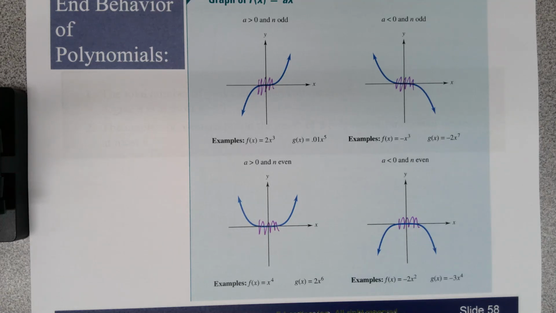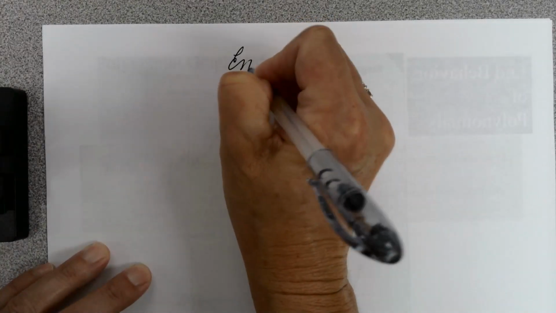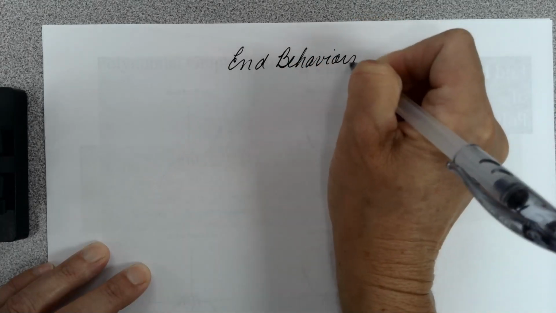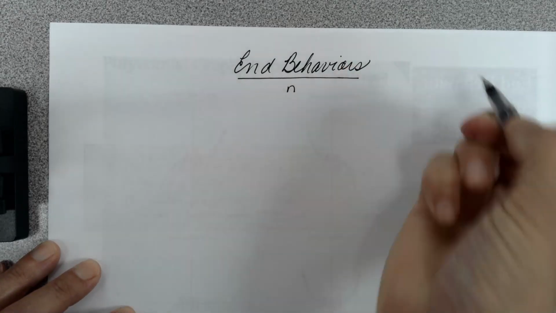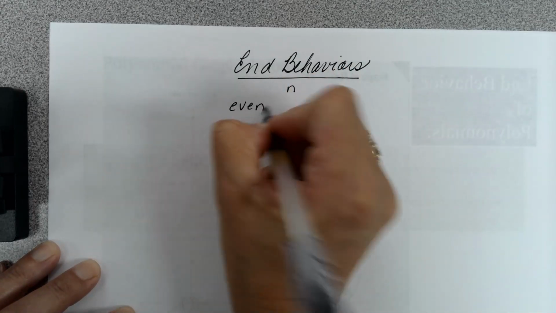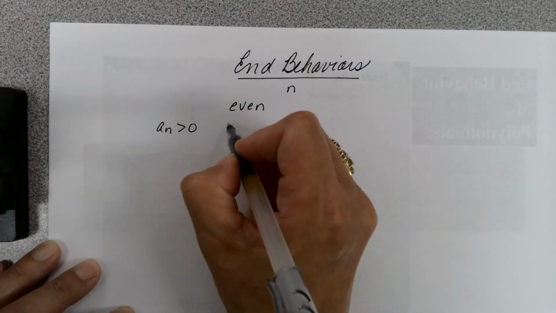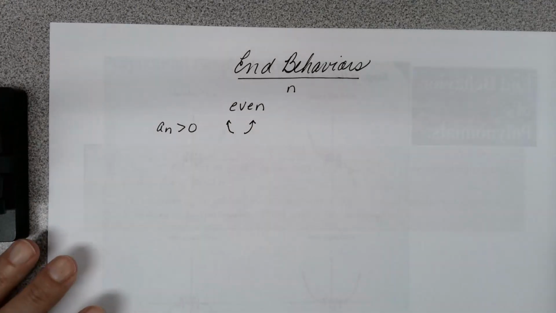And so if you want to summarize this, I'm just going to turn this over and say, when we think about end behaviors, if your n is even and your leading coefficient is positive, your end behavior rises to the left and rises to the right.